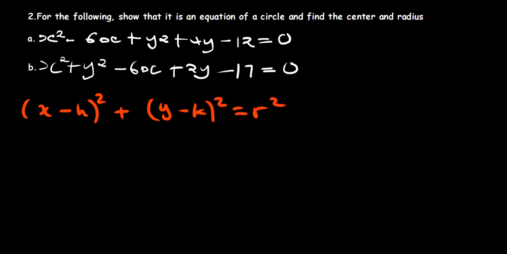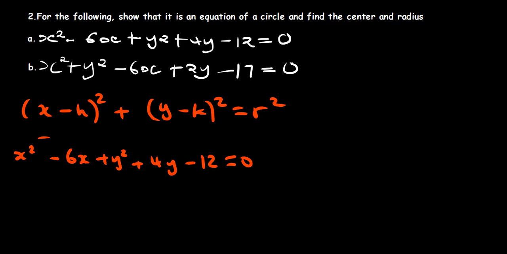So we must get something like this from these two equations here. So how do we get that? Let's start with the first one. So part A, we have x squared minus 6x plus y squared plus 4y minus 12 is equal to 0.